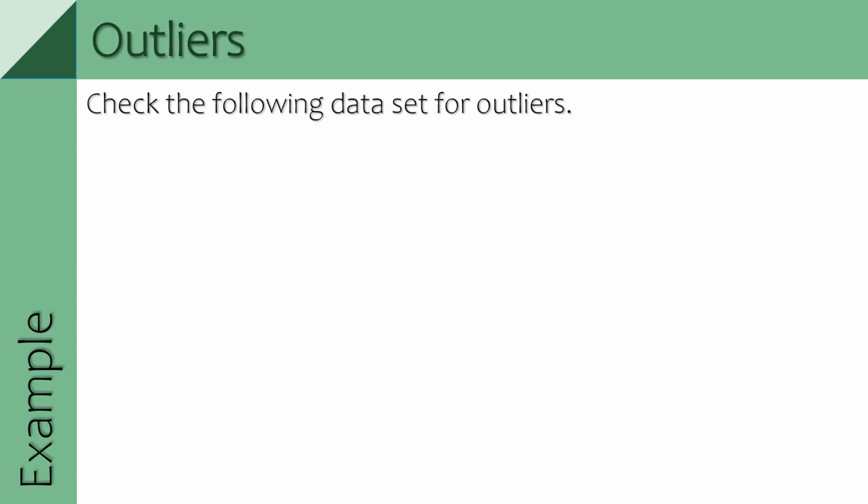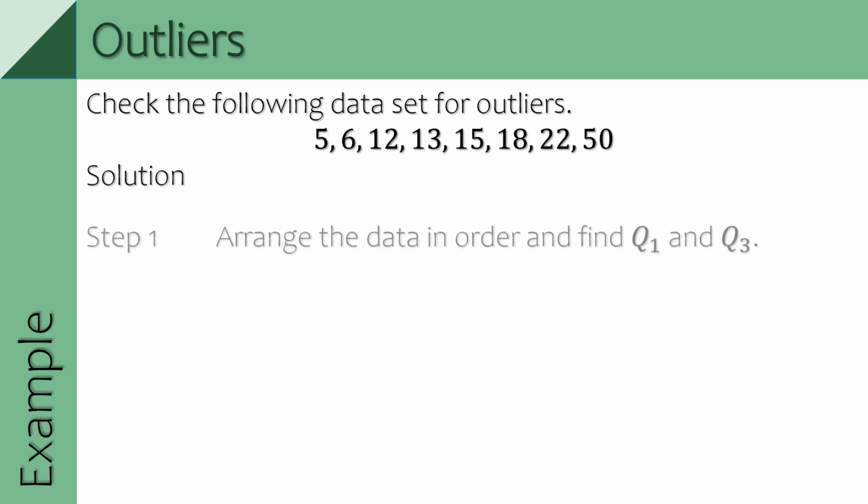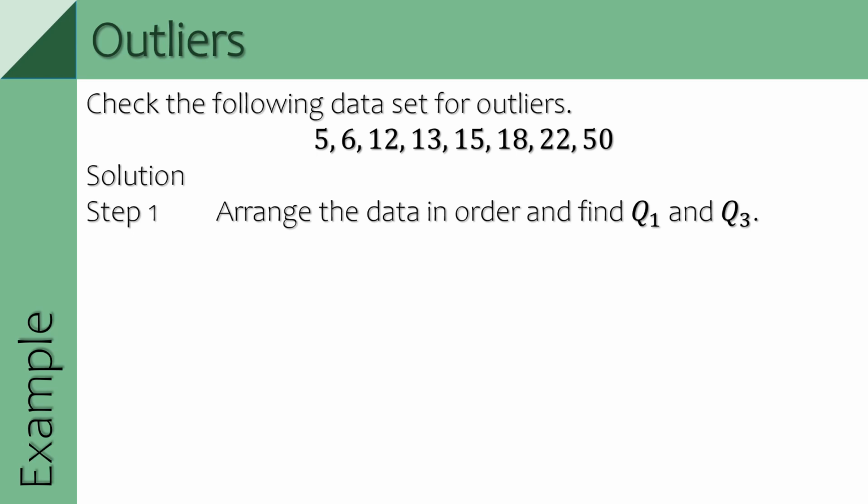Okay, so example tayo, check the following data set for outliers. So we have 5, 6, 12, 13, 15, 18, 22, and then 50. So this is our example a while ago. Okay, so solution, arrange the data in order and find the first quartile and then the third quartile.